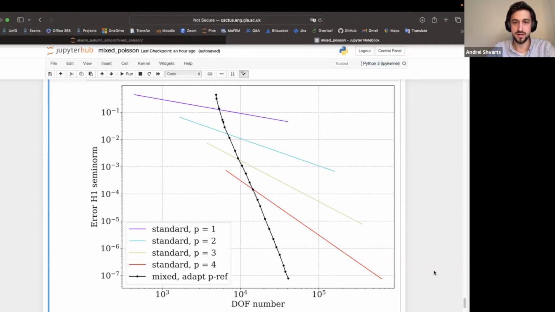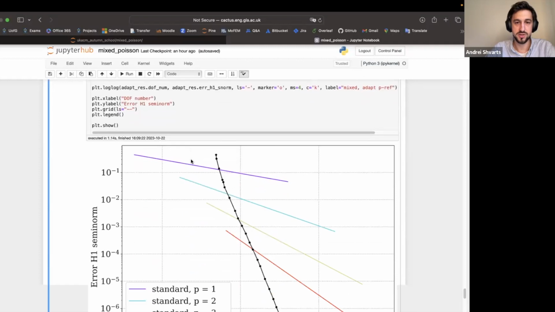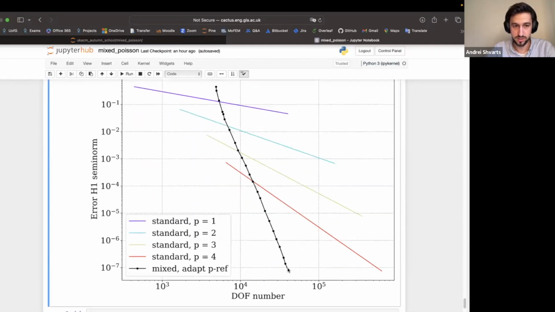The only thing that I invite you to try to change over here is this parameter theta, because you can see that we did get below this threshold of 10 to the power minus n for the error H1 semi-norm, but we had to do quite a lot of steps. So each circle on this plot corresponds to the step of the solution iteration when we refined.